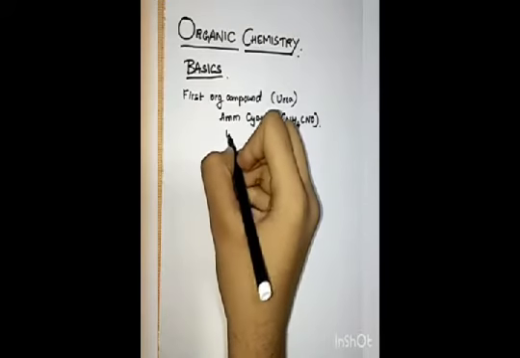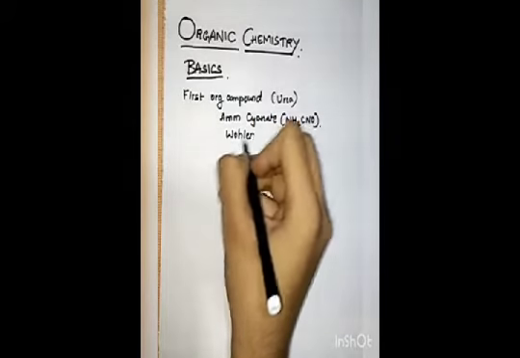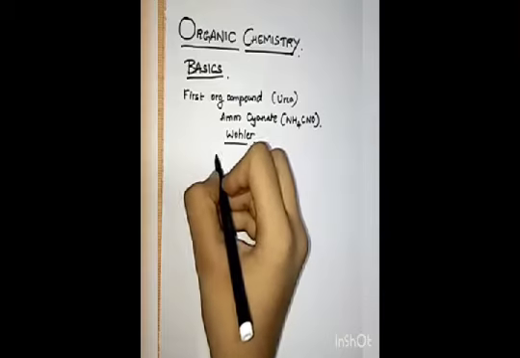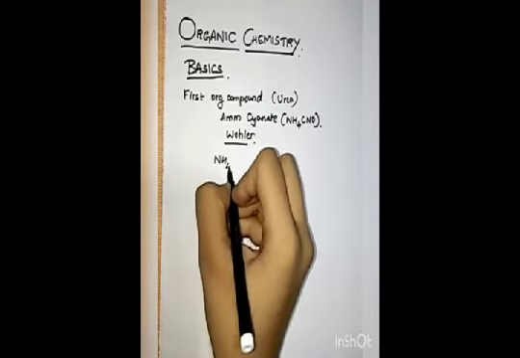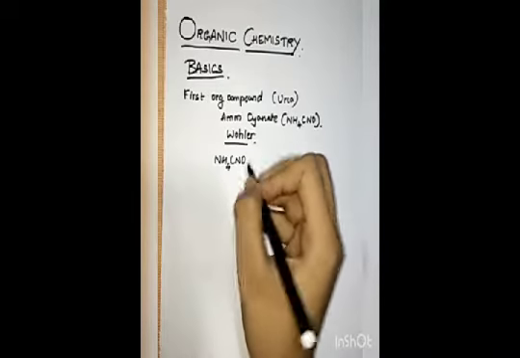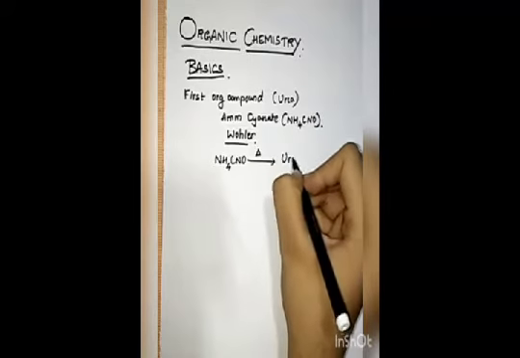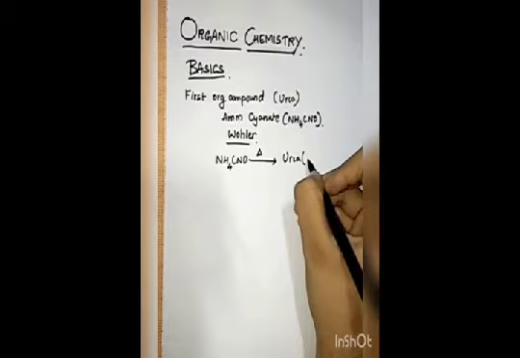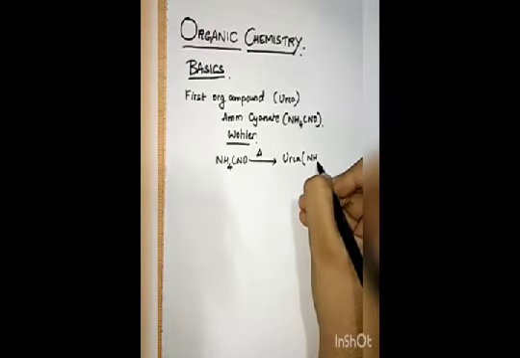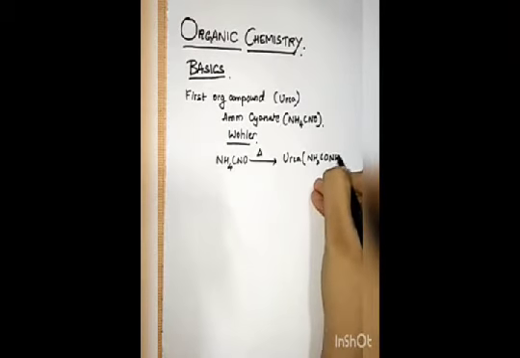It was prepared by a scientist named Wöhler. What he did was, at a very high temperature, NH4CNO or ammonium cyanate was converted to urea, NH2CONH2.